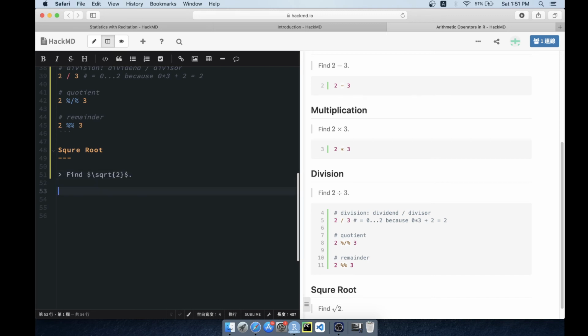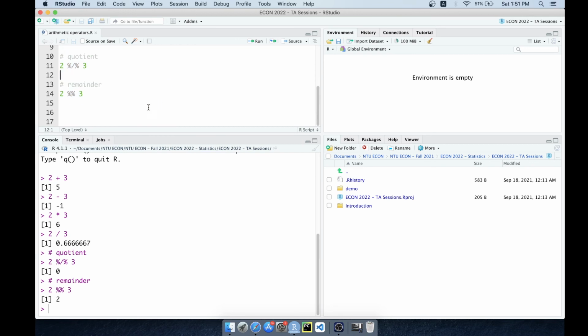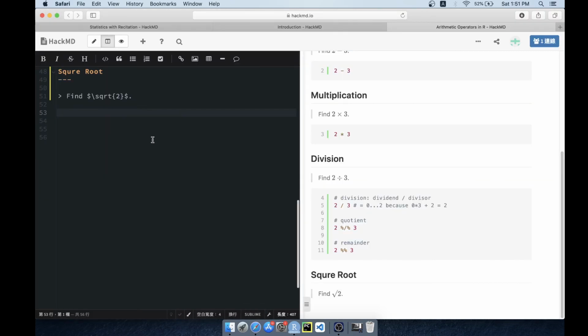Okay, so we know the result is approximately 1.414. So what can we do in R? We can type SQRT, input 2, to find the result 1.414. So we can find this result here.